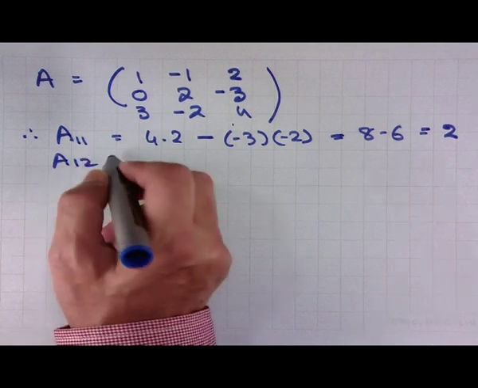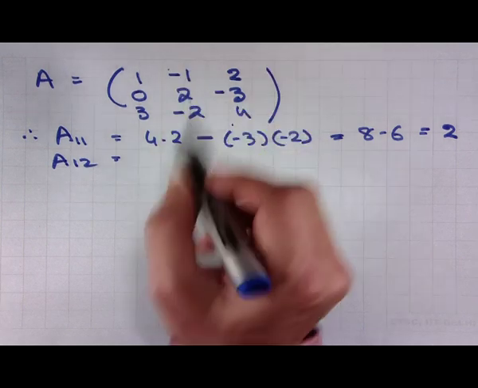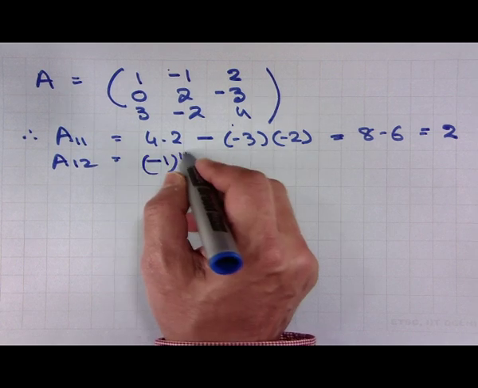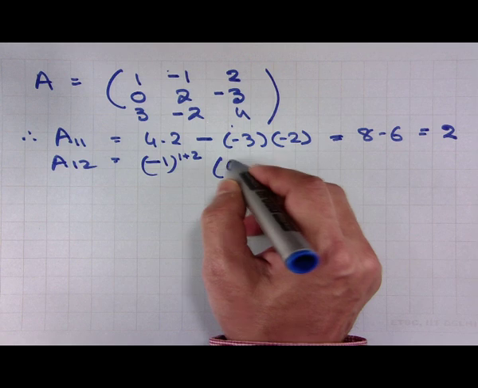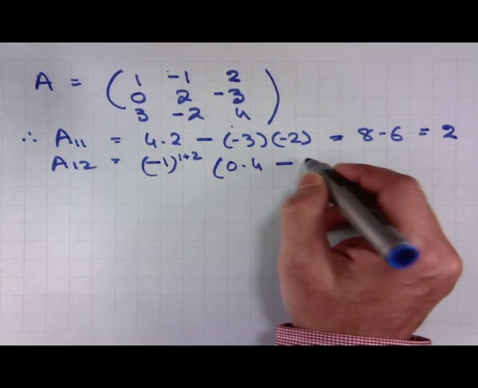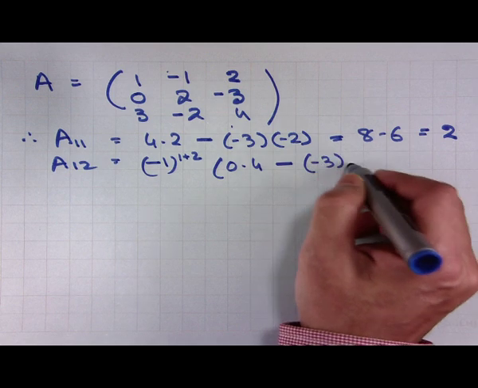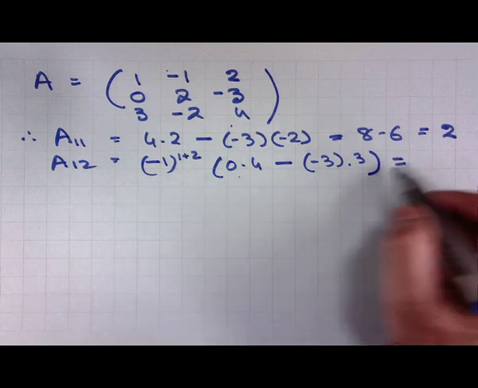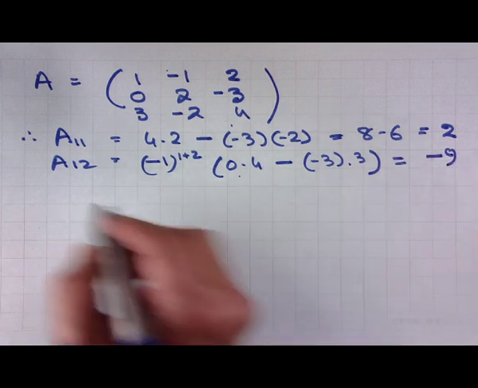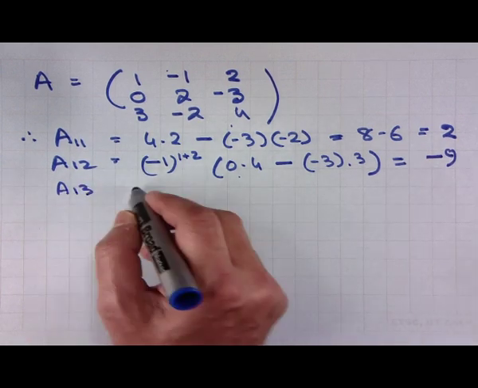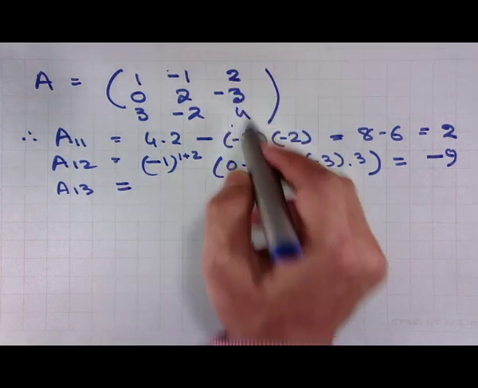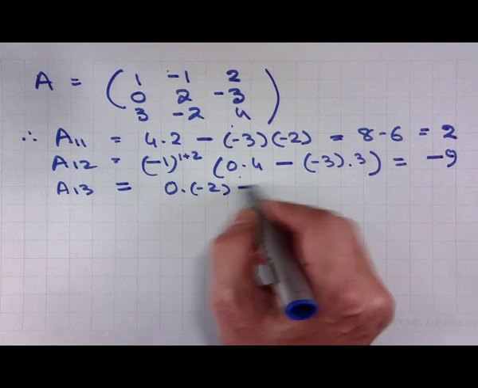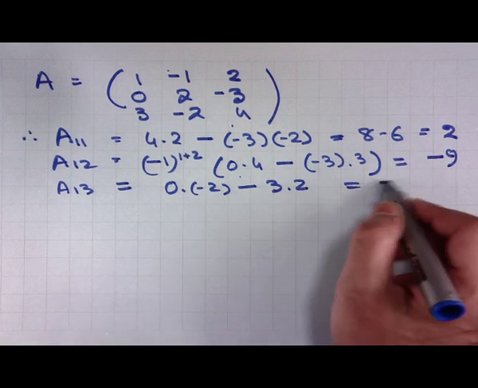A12 is equal to cofactor of this, is equal to minus 1 whole to the power 1 plus 2, 0 into 4 minus 3 into 3, is equal to minus 9. A13 is equal to 0 into minus 2 minus 3 into 2, is equal to minus 6.